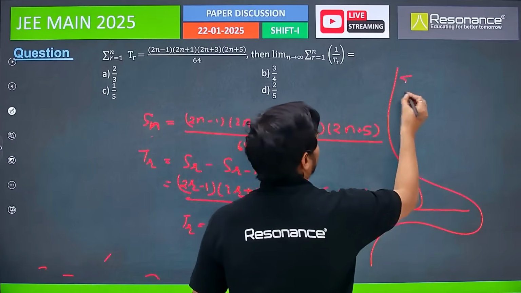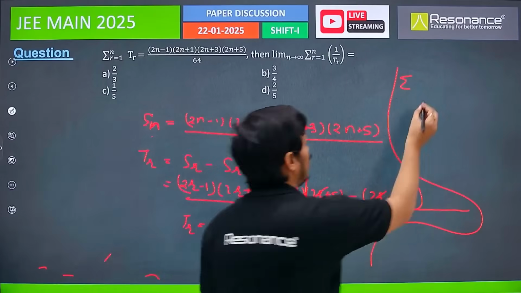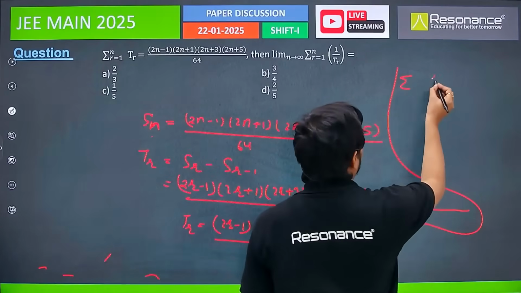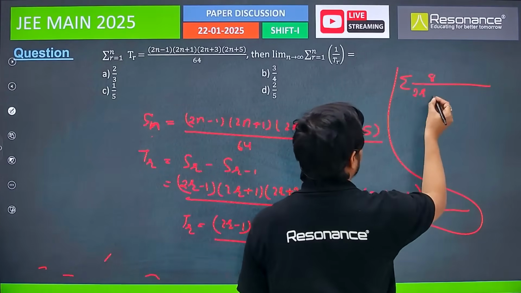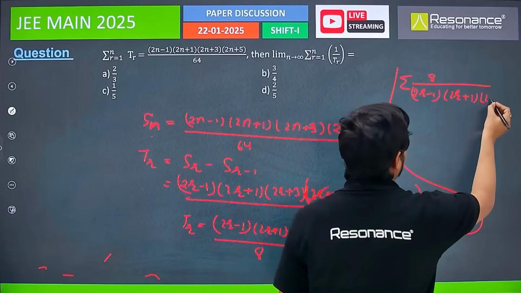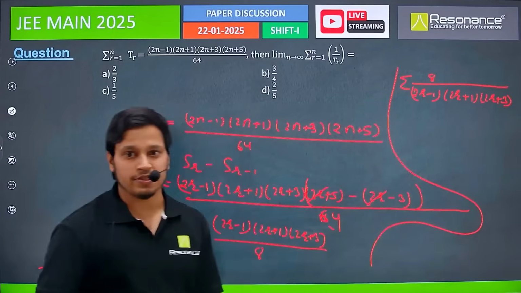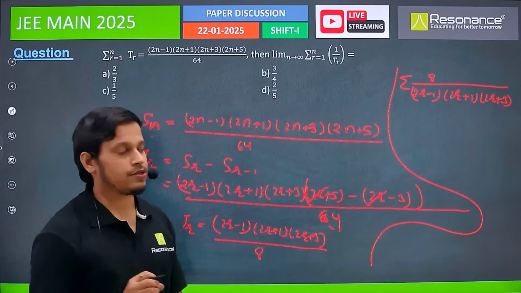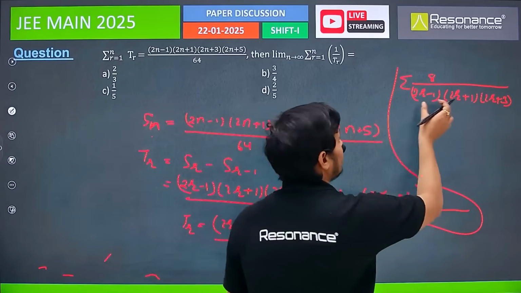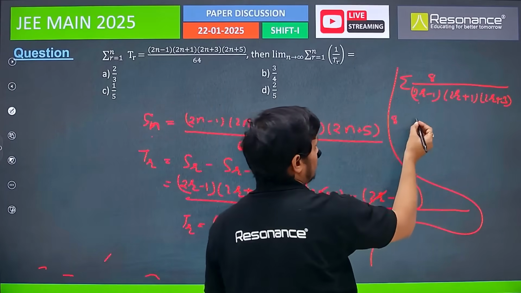Okay. Now what do you want? Next you need sigma 1 by tr. 1 by tr is just the reciprocal of this term. So 8 by (2r minus 1) into (2r plus 1) into (2r plus 3). Again, this one is a general problem, a standard type of miscellaneous. So whenever these factors are in AP, we write the numerator as last minus first.